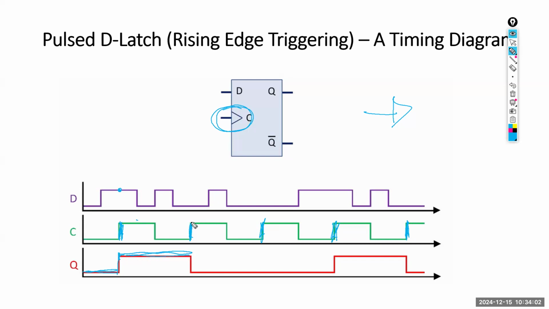Now this is another triggering point, and by that time D is 0. That means Q must immediately follow and go back to 0. And until the next rising edge, it's not going to change. It's not going to respond to these pulses.